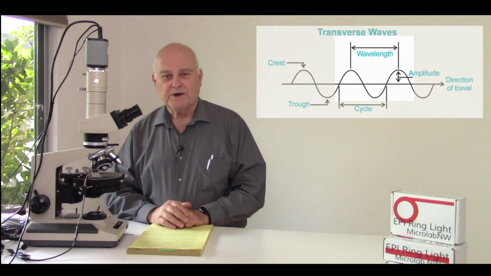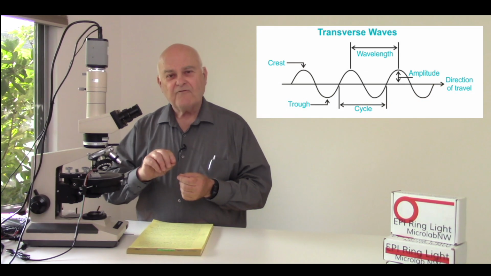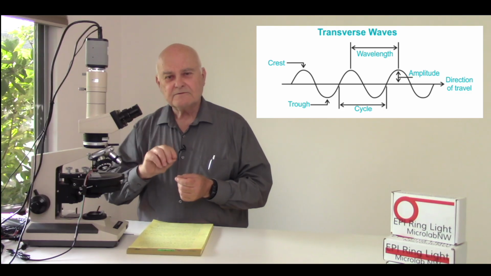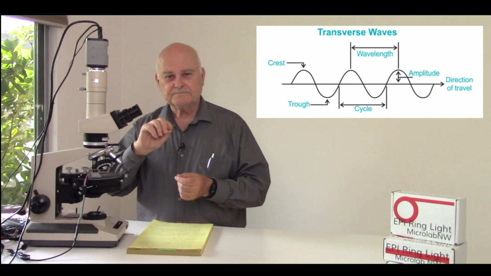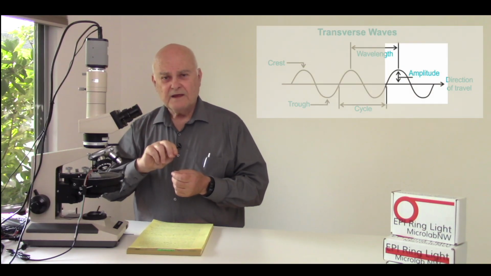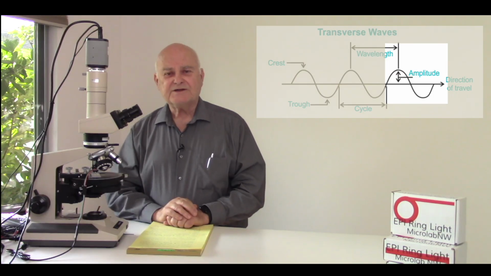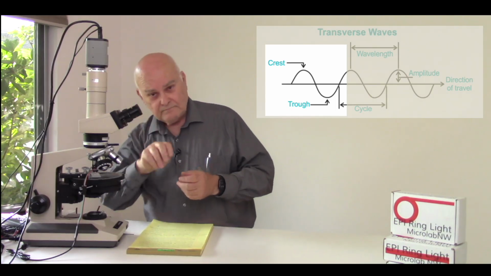What's another property? How far is the object that's sitting on the surface displaced? That distance is referred to as the amplitude. Now, a wave has both a crest and a trough.